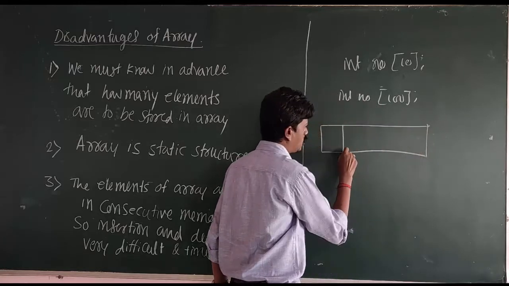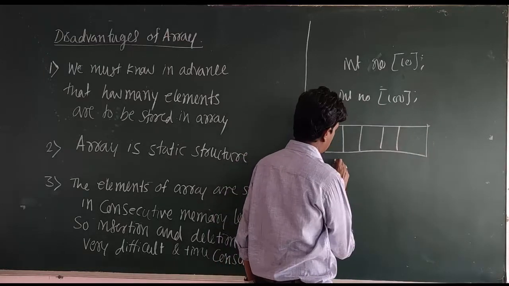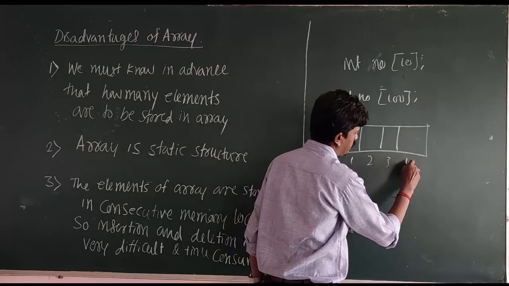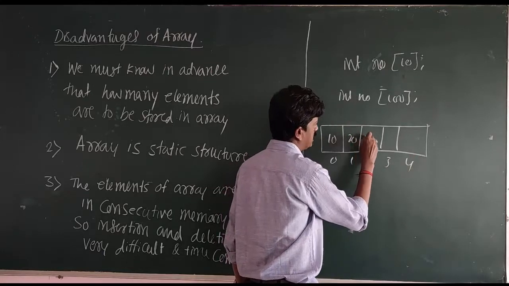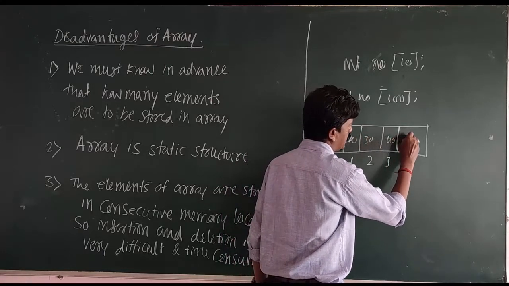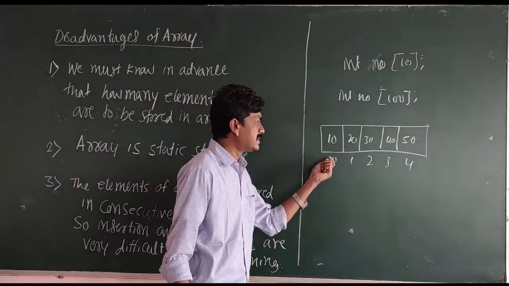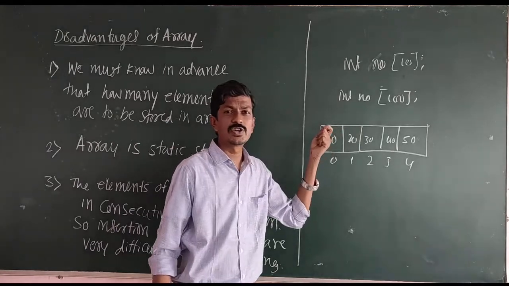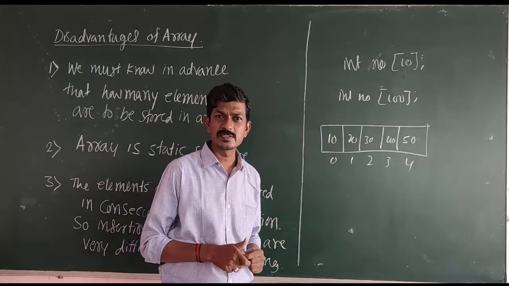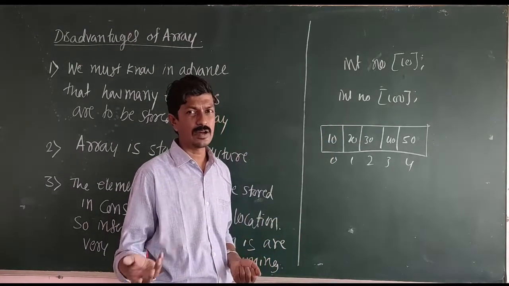Let us consider I declare an array 0, 1, 2, 3, 4 with elements 10, 20, 30, 40, 50. These array elements are stored in consecutive memory locations, which means one after the other.